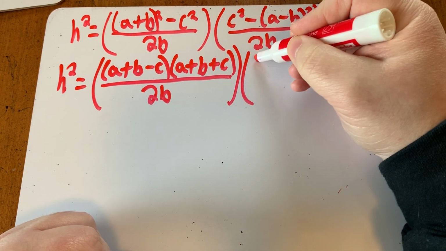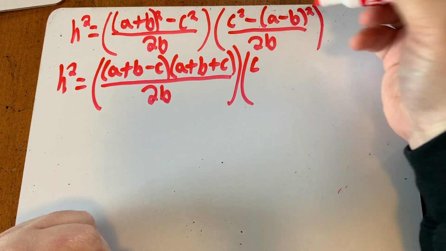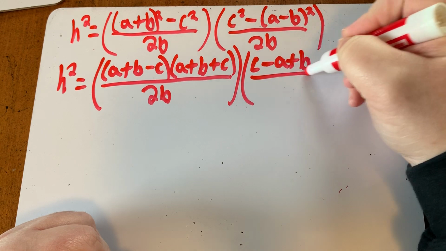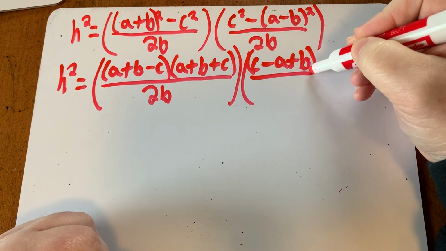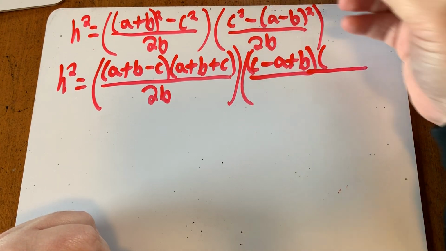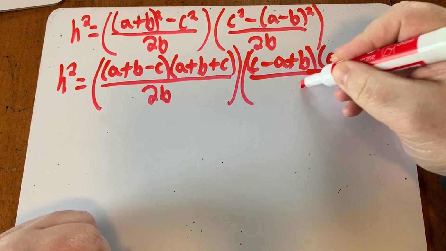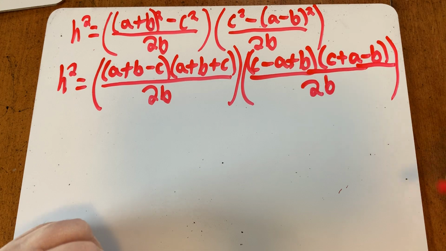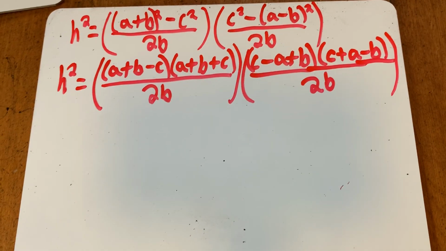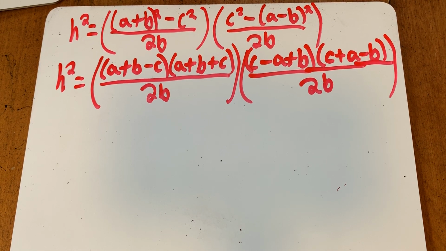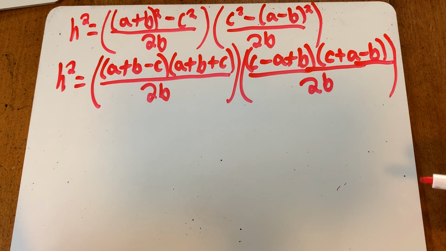And that's (c minus a minus b), so distribute the negative, minus a plus b, and then (c plus a minus b), all over 2b. Oh man, no more powers at all. This is fantastic. Got so excited that I bumped into my tripod. All right. Whew.